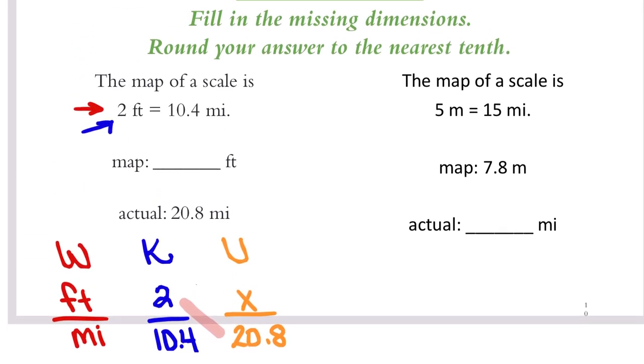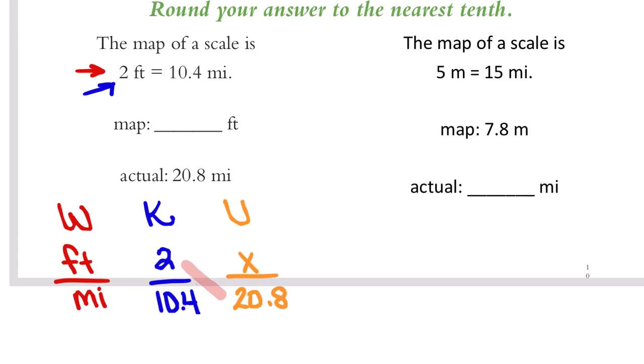And we go to our next one. The map of a scale is 5 meters equals 15 miles. So starting with our words, what are those units? Meters over miles.